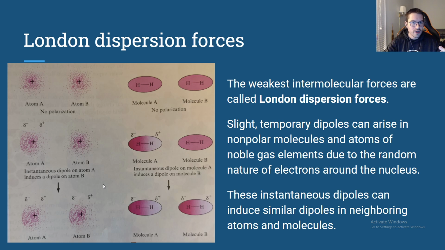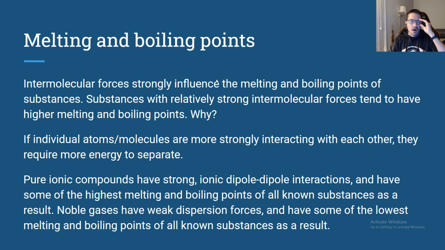So more electrons means more polarizability in the context of these dispersion forces. So if you were comparing a big atom and a small atom, the bigger atom would have more propensity for larger dispersion forces than the smaller atom. Okay, and that's due to the larger number of electrons present in the system than in the smaller atom. Okay? All right.